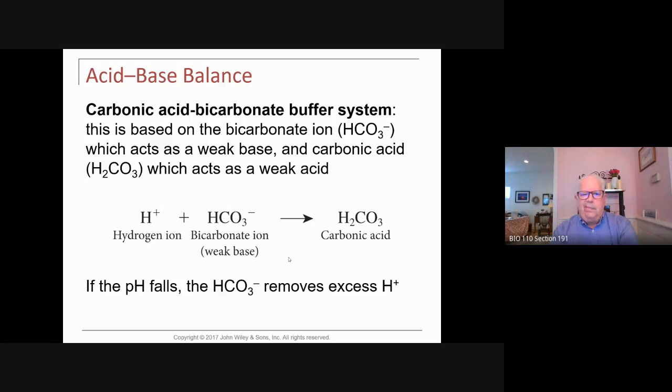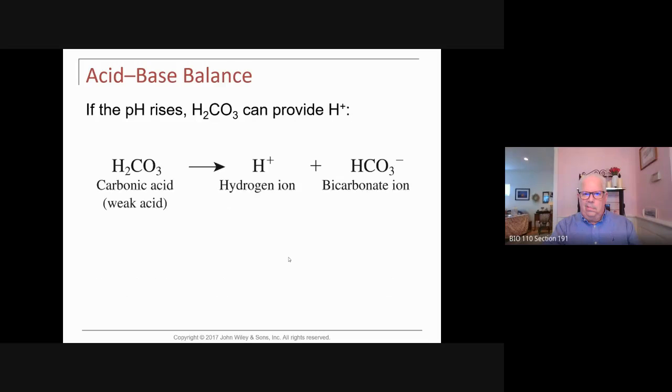And there it is again. H plus bicarbonate will equal carbonic acid. The most important buffer system in your body is this one. The most abundant is the protein buffer system. Okay? Very, very important.